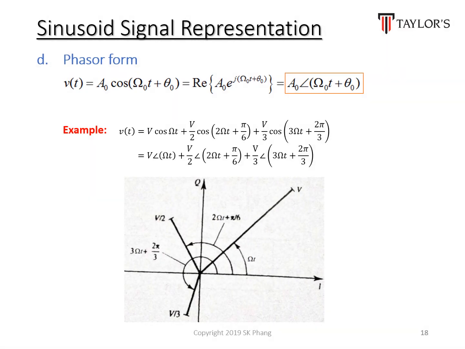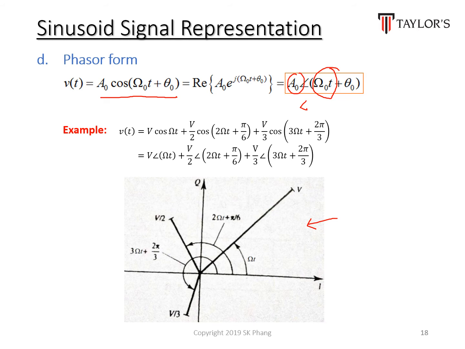And next up is the phasor form. We are allowed to draw any cosine wave with any amplitude, frequency, and phase into the phasor form. In order to do that, we first need to change all the cosine waves into amplitudes and angles, with frequency times the time signal, plus the phase.